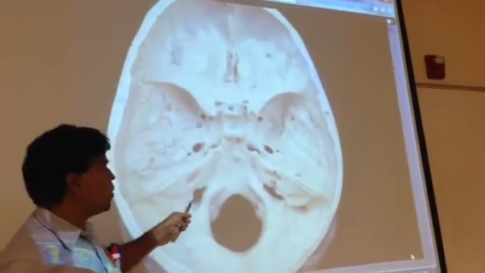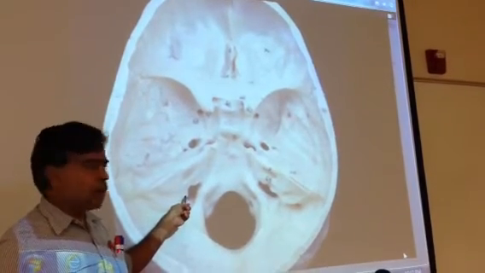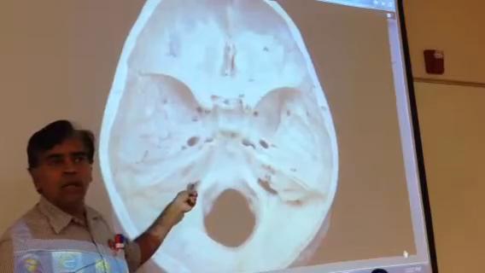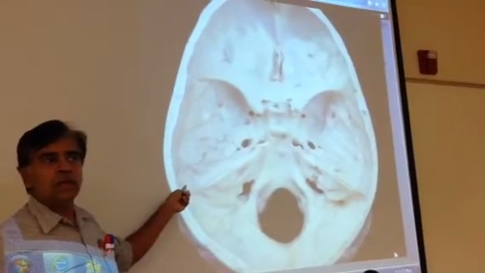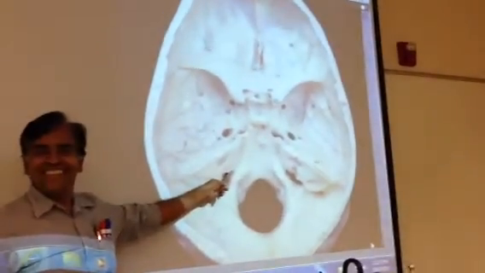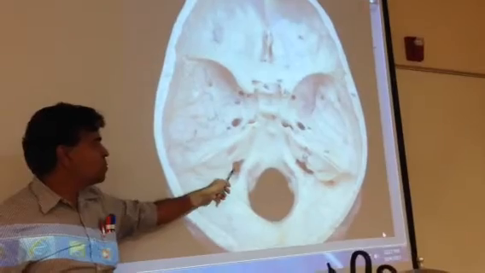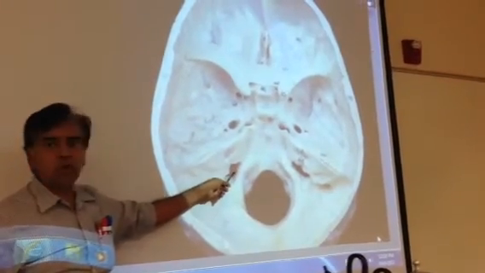Name the hole. Jugular foramen. Name the hole. Carotid canal. Right? Sometimes you see the separation, sometimes you don't see.